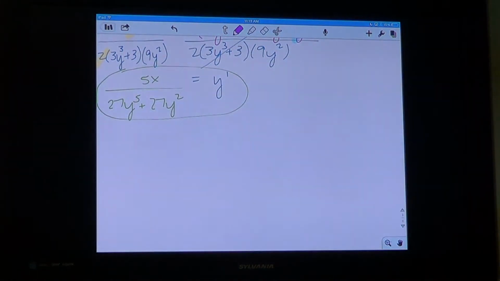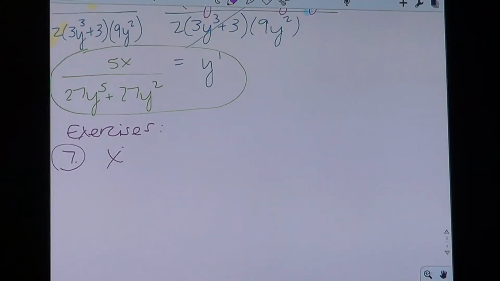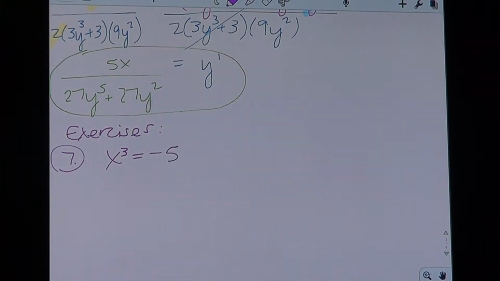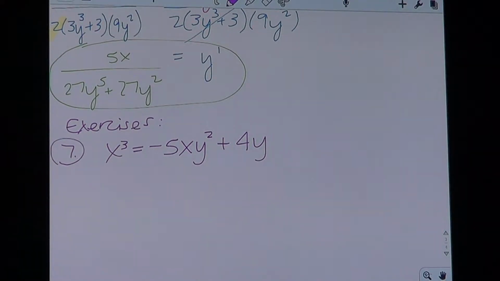Can you see my screen? So 7: x cubed equals negative 5xy squared plus 4y. Okay, so what do you guys have after that? I have 3x squared equals negative 5.